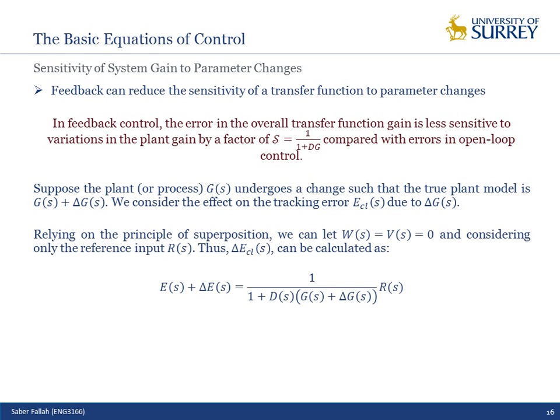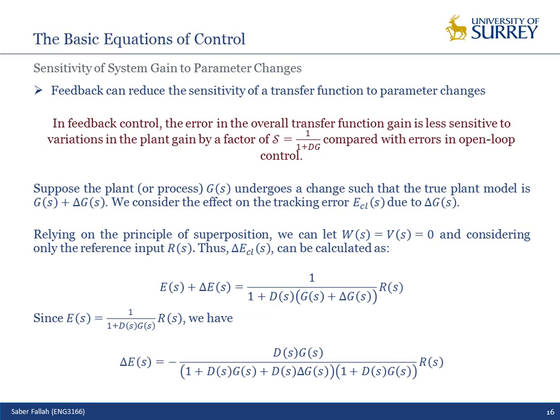So if I define E plus delta E(s), and if I look at the reference input, I will have 1 over 1 plus DG. In fact, my new G is G(s) plus delta G(s), the modified or changed one. In the nominal case, I know E(s) is 1 over 1 plus DG.